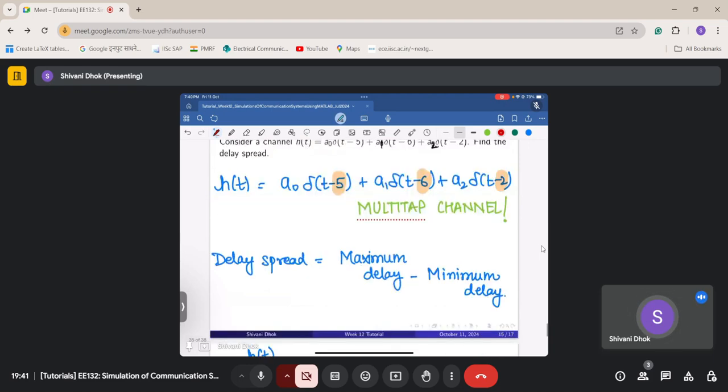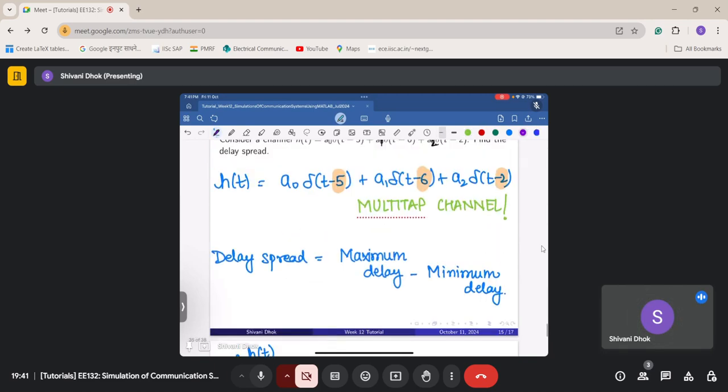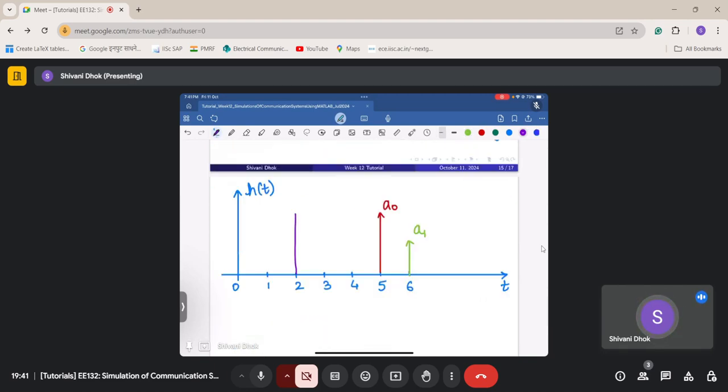Then the second tap is at t equal to 6, and it has an amplitude of a1, and the last tap is at t equal to 2, which has an amplitude of a2.